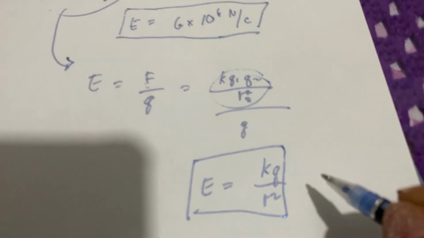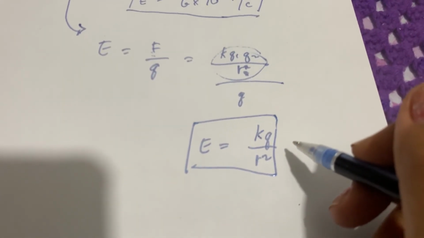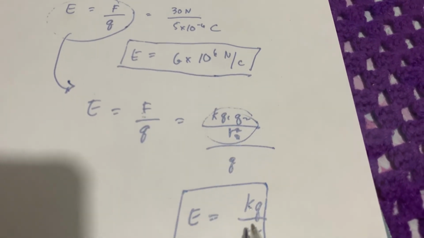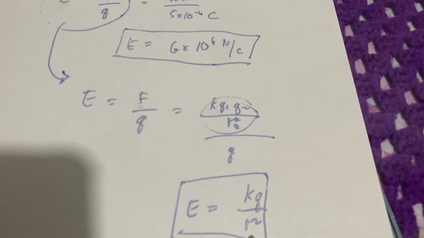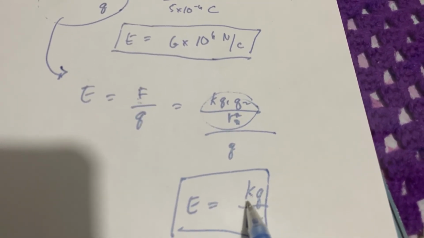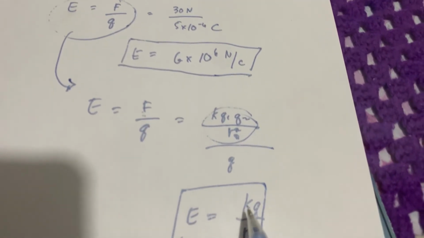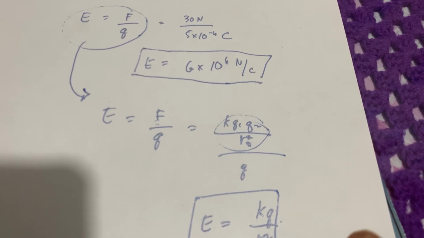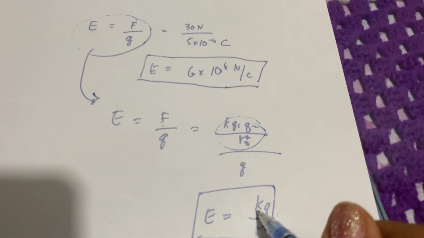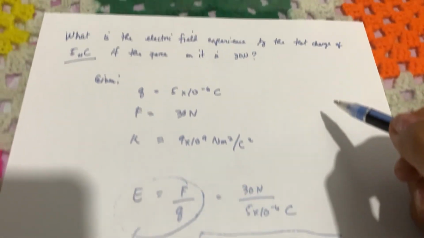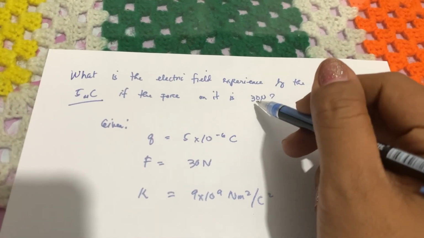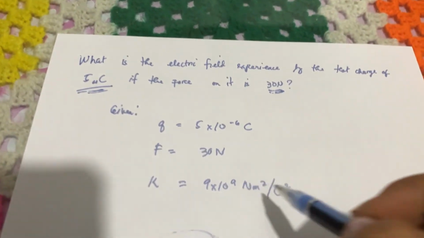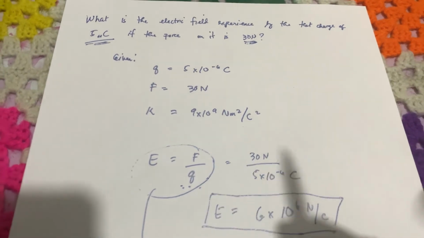On other problems, we will be using this formula if we are not given directly the force. For example, if the given are the distance of separation, the charge, and the Coulomb's constant, then we can use this, and use the K. So in this problem, the force and the charge were not given, so this is the only formula we used. Okay?